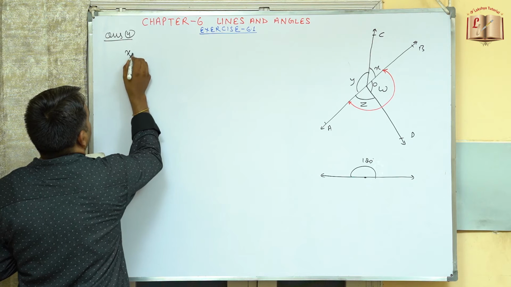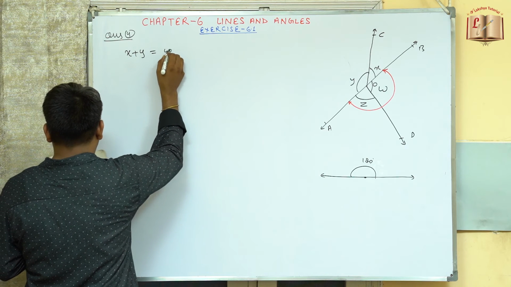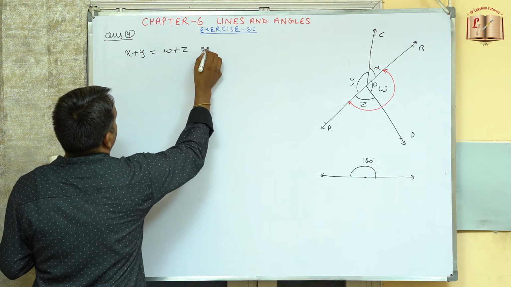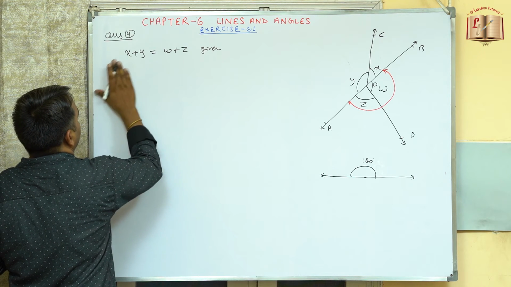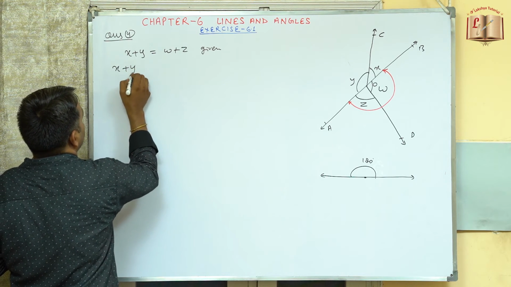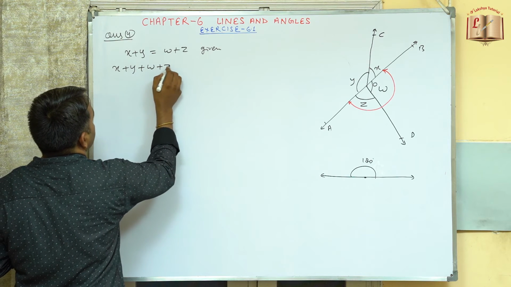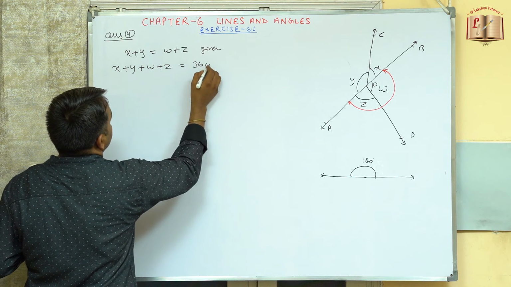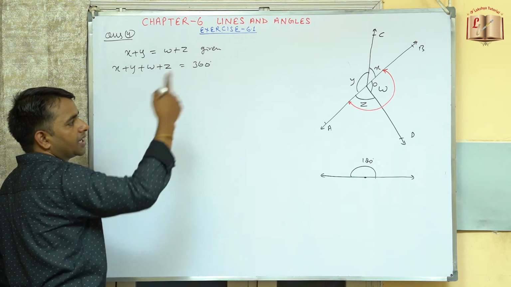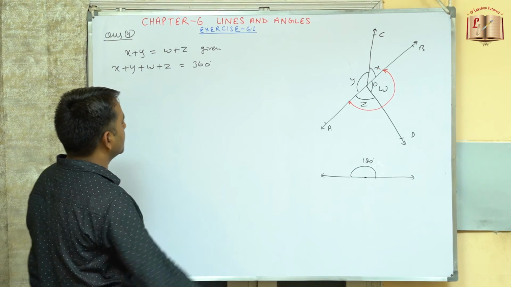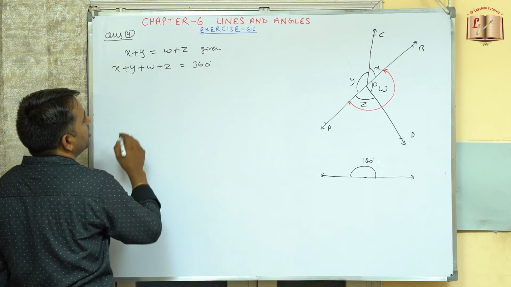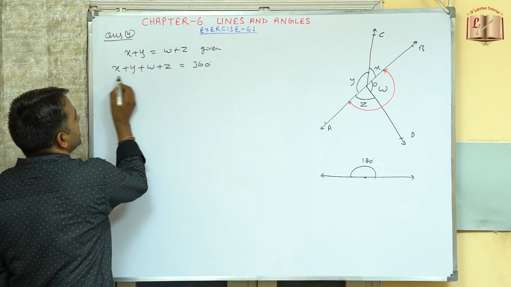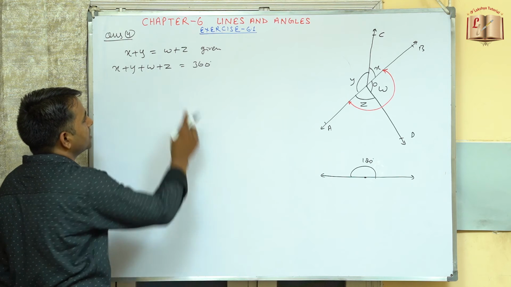Now it is already given that x plus y is equal to w plus z. This is given to us. Now simply we can write x plus y plus w plus z is equal to 360 degrees, because they make a complete angle, and the complete angle is 360 degrees. Now x plus y is already given as w plus z, so in place of x plus y I can write w plus z.